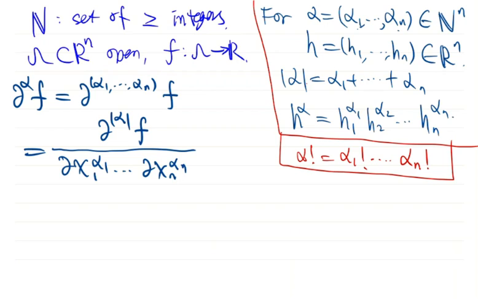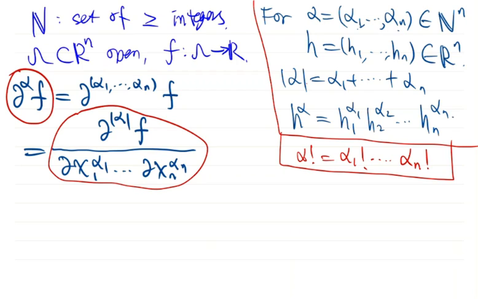So we take alpha 1 times derivative with respect to x1, and then alpha 2 times derivative with respect to x2, and so on, and alpha n times of derivative with respect to xn.